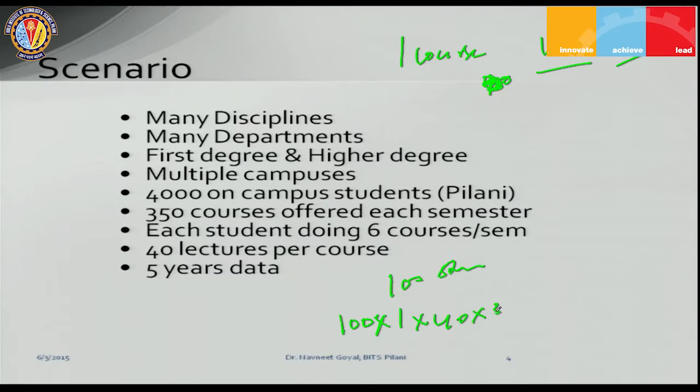Then you multiply it by the number of courses. On average, I'm saying that there are 100 students registered in a course. Multiply it by 350, which are the courses that are offered. And 5 years of data means I'm looking at 10 semesters of data, so multiply by 10. This would be the size of the fact table.